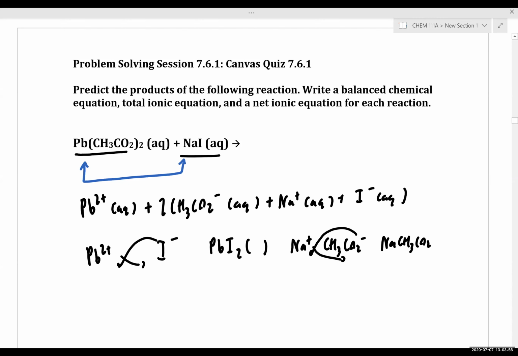So what would the state symbol be for lead iodide? Is lead iodide soluble or insoluble? It's insoluble, so it gets a solid symbol. Next, looking at sodium acetate, is sodium acetate soluble or insoluble?